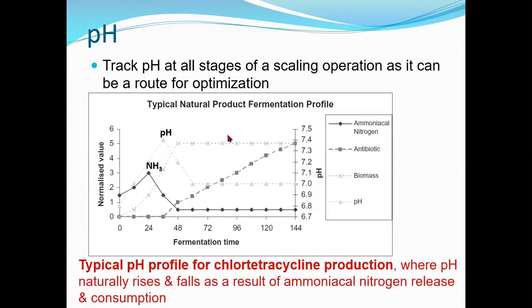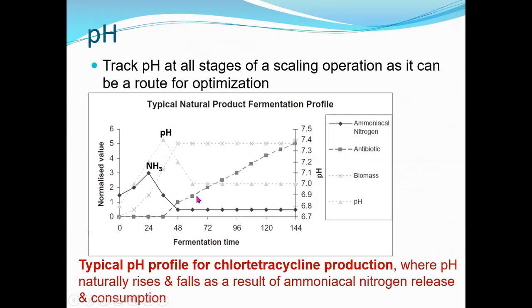In this graph, you see there is the production of ammonia in the initial phase of the fermentation, and then it goes down. The pH simultaneously rises because of the production of ammonia, and then it goes down and stabilizes at pH 7.